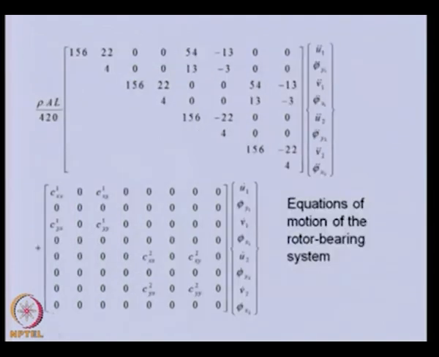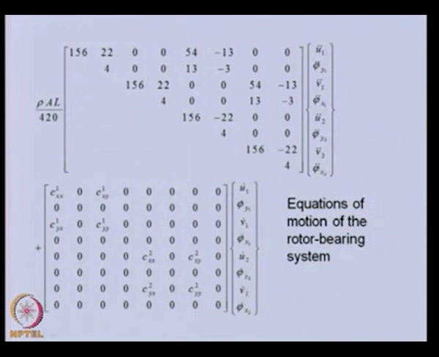Now, because both the equations have similar stacking of the field variables, we can combine them. So, basically this is the mass matrix as we had earlier, and this is the bearing damping terms. You can see we have just added them, because the order of these field variables is the same as this one.